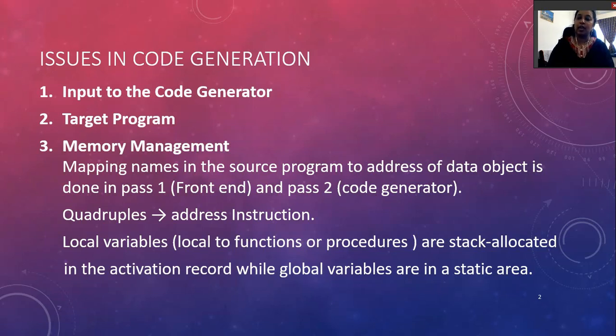So mapping of names in the source program to the addresses of the data objects is required, which is done in pass 1. What is pass 1? Pass 1 is the front end of the compiler, that is still your intermediate code phase, and pass 2 will be code generation as such. So all these things have to be taken care of.